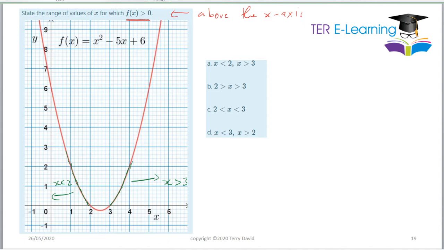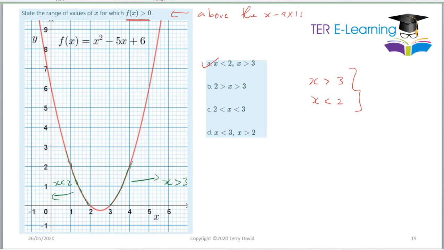So what we're saying is that anything above 3 and anything less than 2 is our answer. So this is how you have to write the inequality when it's above the x-axis. The inequalities are separated compared to the one we just did. So we're looking for x greater than 3, x less than 2, right? So therefore the answer has to be E.